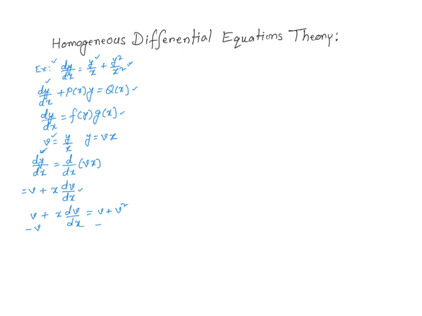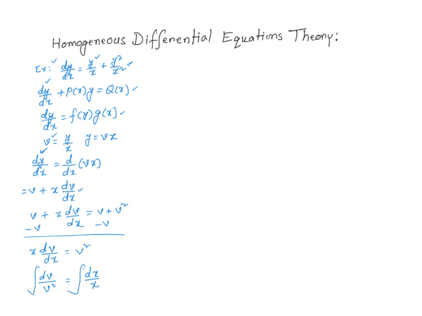Subtract v from both sides. Then you're going to get x dv over dx is equal to v square. Now if I rewrite it, this is going to be dv over v square is equal to dx over x. Now I can integrate both sides of this equation.